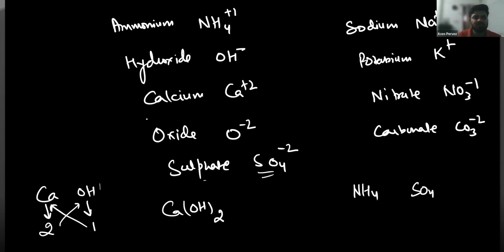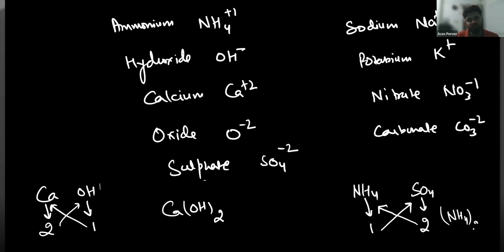Sulfate is SO4. Okay, you can write it as SO4. The valency for ammonium is 1 and for SO4 it is 2. Then you cross multiply these two. What will you get? (NH4) in brackets, because this whole group is twice, then SO4 with 2. So (NH4)2SO4. Got it? Yes, sir.